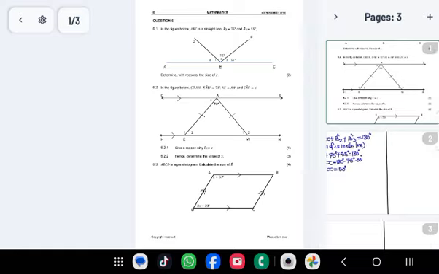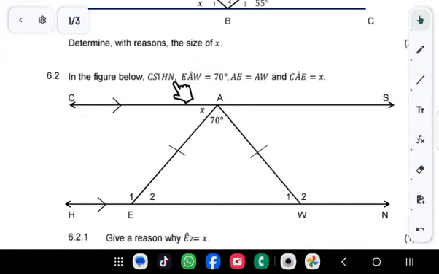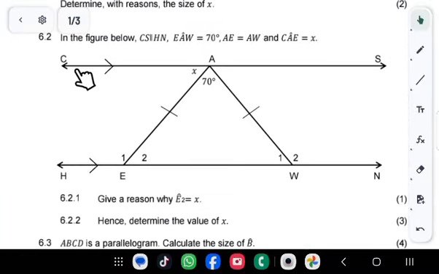Next question is: in the figure below, line CS is parallel to line HN. Angle EAW is equal to 70 degrees, and side AE is equal to side AW.